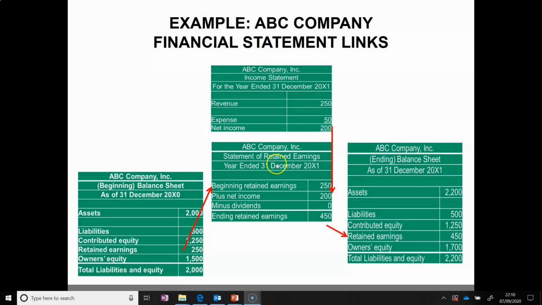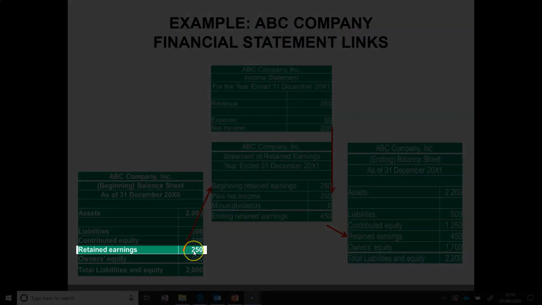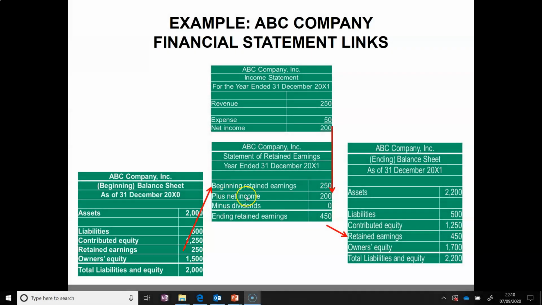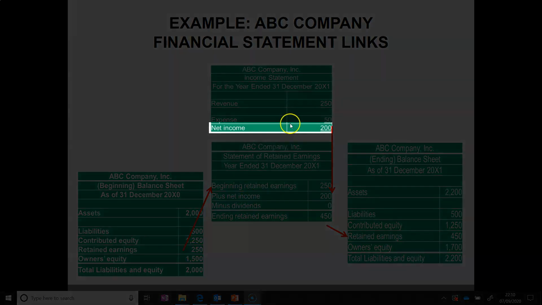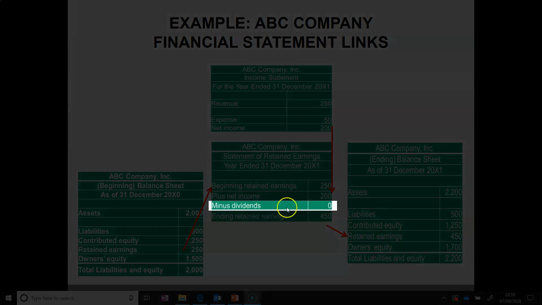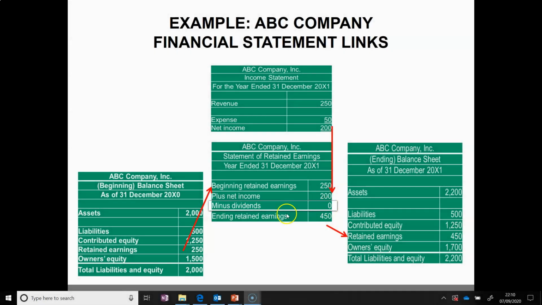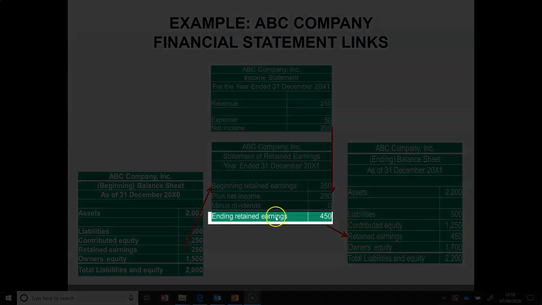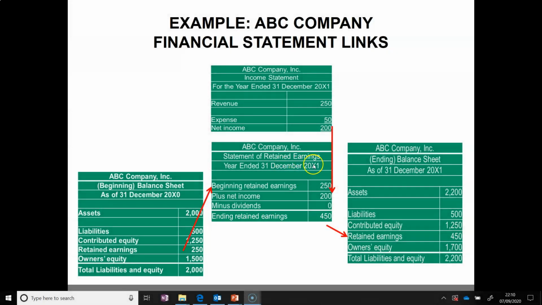Now here we have the statement of retained earnings for 2011. The beginning balance of retained earnings from 2010 is 250, and we have net income from the 2011 income statement of 200. There are no dividends given, so we are taking it as 0. So the ending value of retained earnings is 450 at the end of 2011.